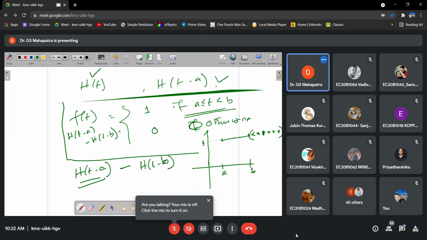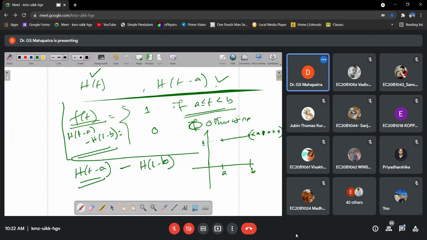So you can write f of t like that, or else you can write like that also. Is it clear or not? If anybody has any doubt, I will discuss it again. But graphically also I am showing. Just see from a, and this one b.